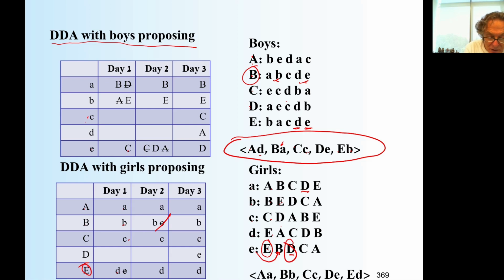She goes to D, and now every boy has a girl and every girl has a boy. So that's it. A is paired with A, B with B, C with C, D with E, and E with D.